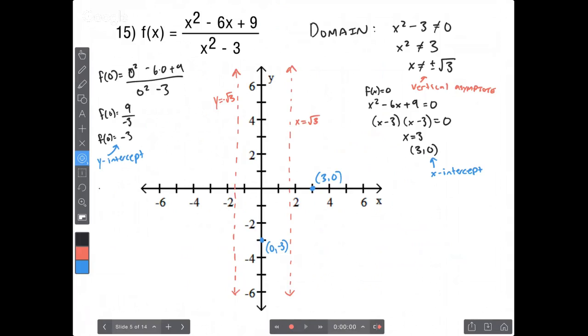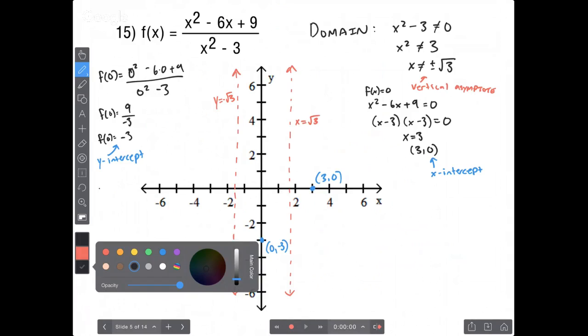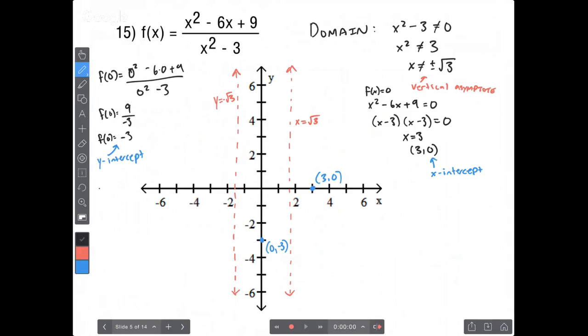Okay, last thing I'm interested in getting here before I start to do some actual work, what do I want? I want a sign chart. But I'd still like to know about a vertical or a horizontal asymptote. That's a question that still remains to me. Horizontal asymptotes. Something that we learned was that the horizontal asymptote comes from the relationship between the numerator and the denominator.